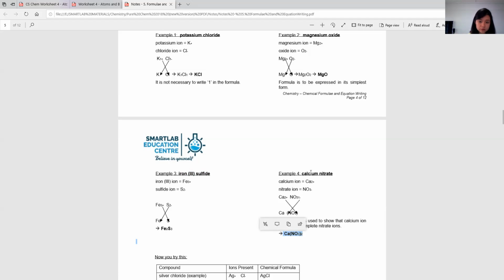Okay, so maybe I give you some more examples. If you have Fe 2+ and SO4 2-, okay, so how do you write the formula?